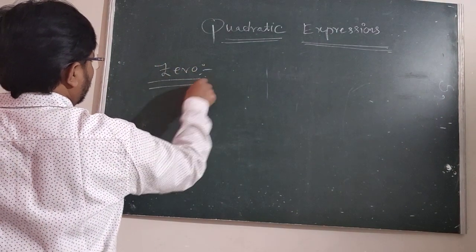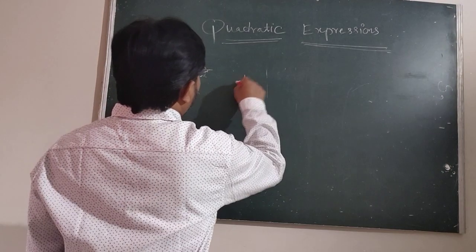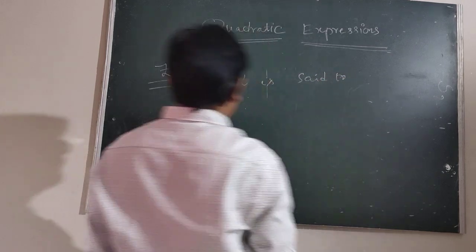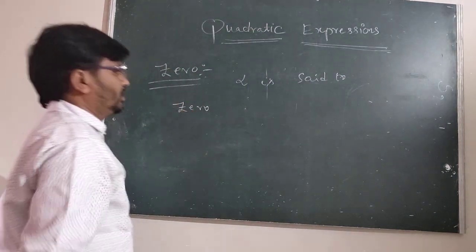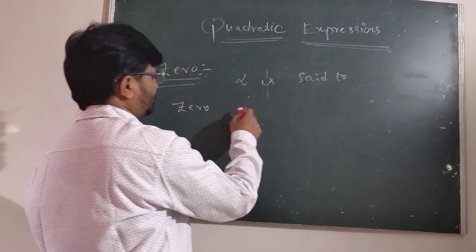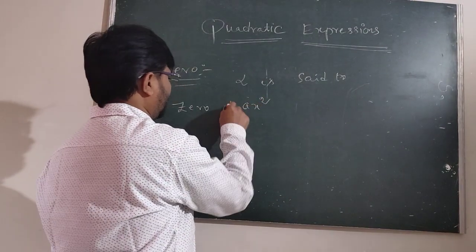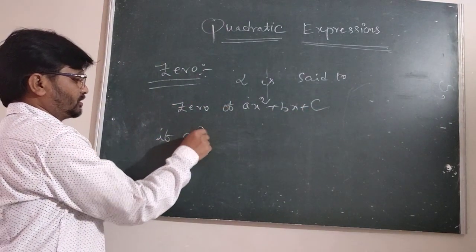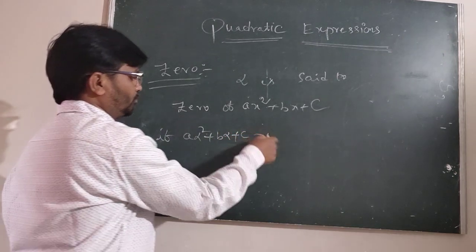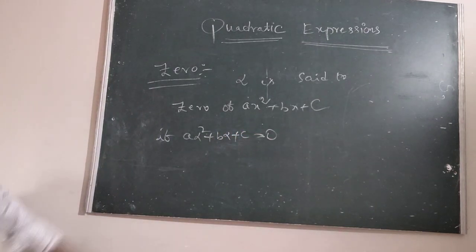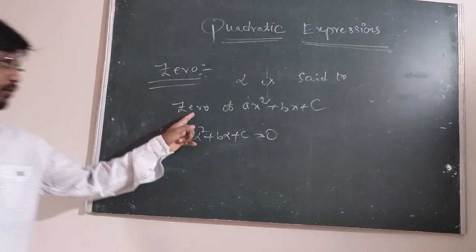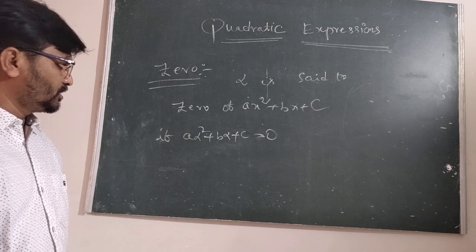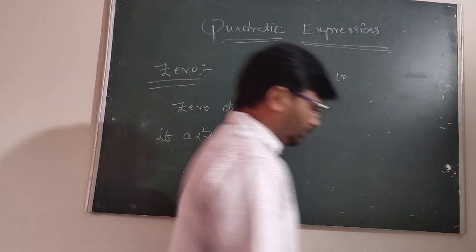Alpha is said to be a zero of the quadratic expression ax square plus bx plus c if a alpha square plus b alpha plus c equal to 0.